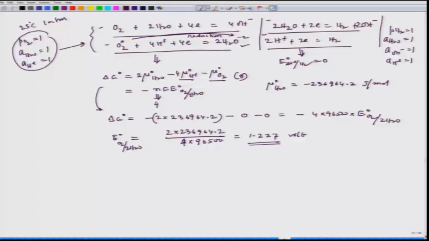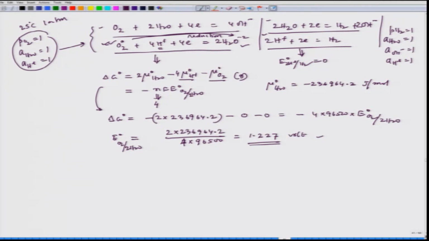Like what we have calculated in the case of this reaction, which is oxygen reduction in acidic medium, because you see we have hydrogen ion and there is no OH minus ion. So that is basically considered to be the reaction happening in acid medium, or when the pH is less than 7, and we got this value.